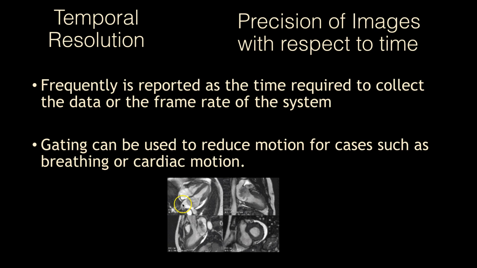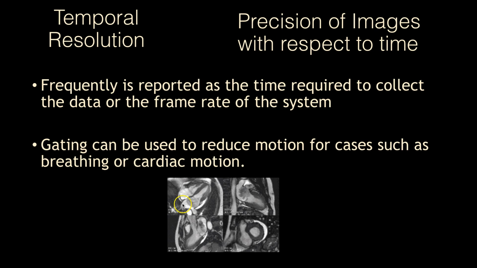Then lastly, let's talk about temporal resolution. Temporal resolution is complicated, and it's essentially the precision of the images with respect to time. In the cardiac section, in later lectures, we'll go into more detail about temporal resolution. It's frequently reported as the time that's required to collect all the data of a frame, but sophisticated gating methods can also be used.